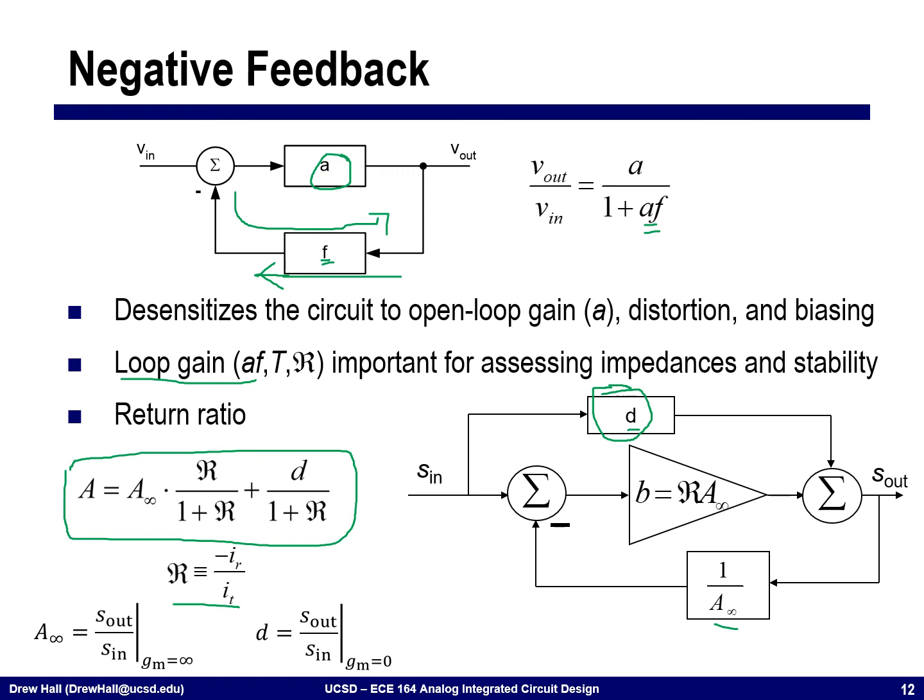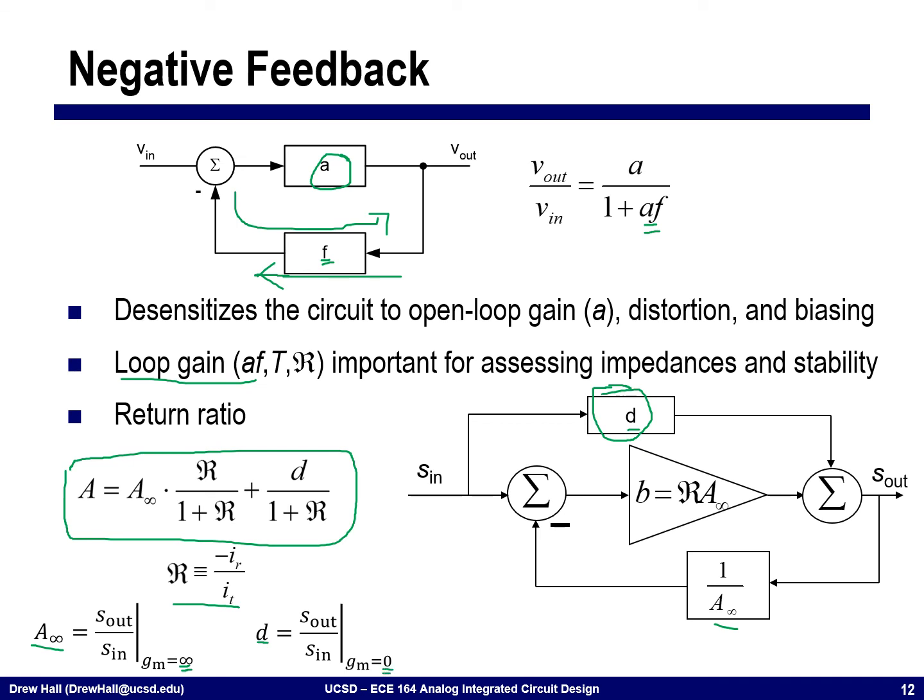For the A infinity, we're going to look at the closed loop response of the circuit, so S out divided by S in, when the transconductance or the gain element is infinitely strong. And so that's why it gets the name A infinity. For the D, the feed forward term, again, we're going to look at the S out divided by S in term when the transconductor in this case, or the gain element, is turned off, so it is 0.